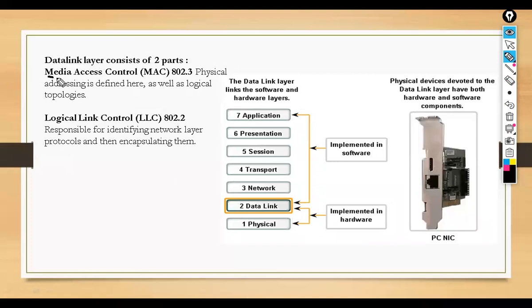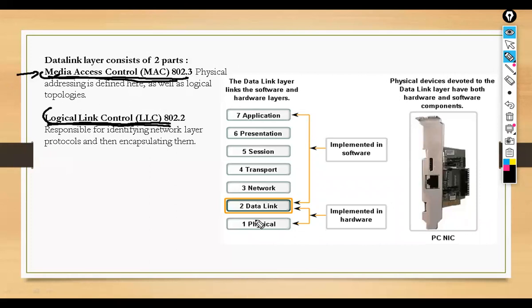The first sublayer is called the MAC sublayer, media access control. The second sublayer is called the LLC sublayer, logical link control. So it consists of two sublayers, MAC and LLC.